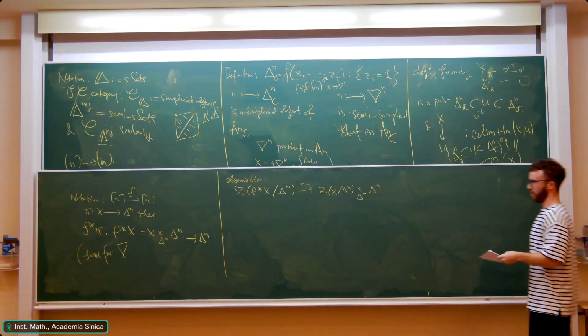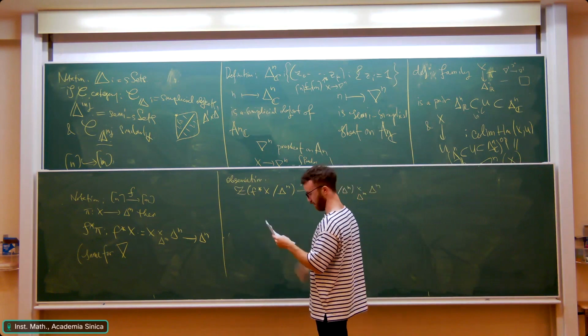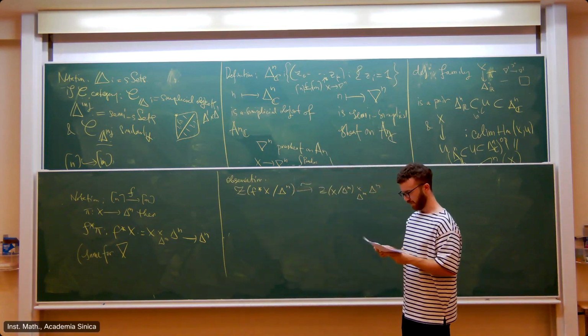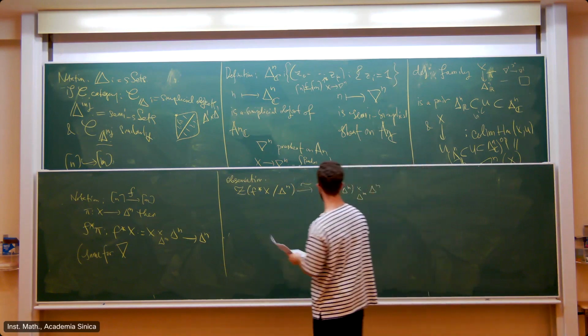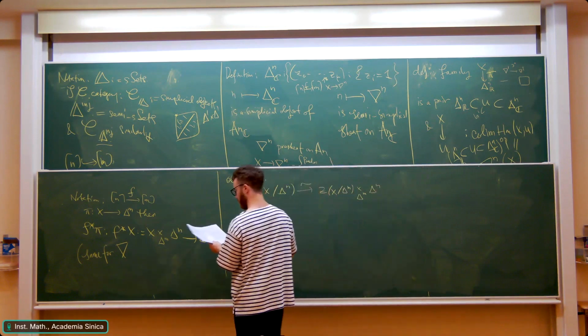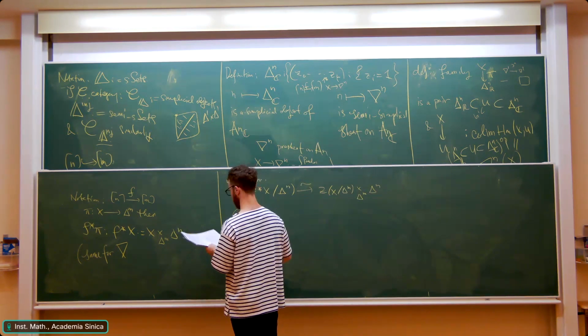This is more or less real. Right, so this family is a pullback, and this family is not. So in particular, there's some isomorphism.